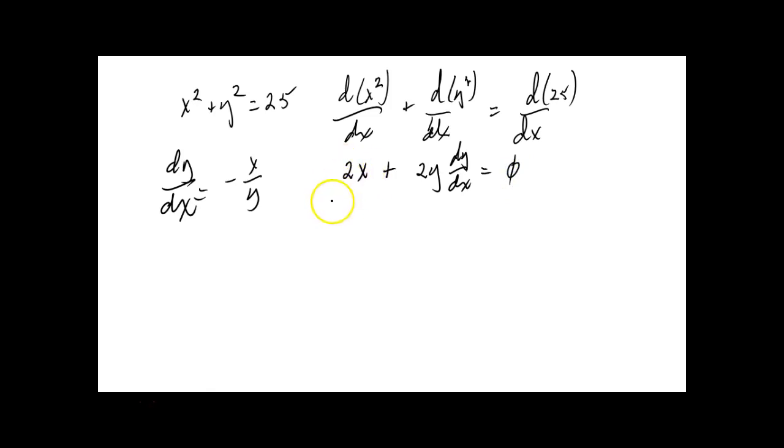Okay? Now we solve for dy/dx. So let's subtract 2x from both sides. And that will give us 2y dy/dx is equal to minus 2x. And then what would we do to solve for dy/dx? You tell me.